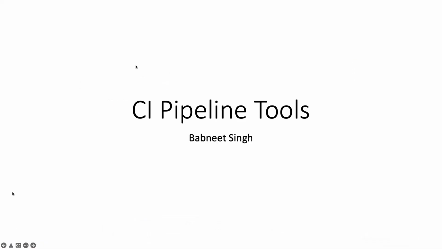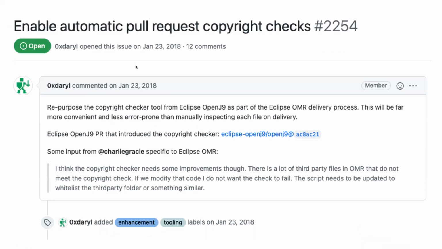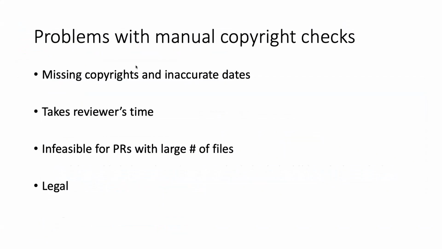Okay. Yeah. So the first tool will be the automated copyright check. There is an issue open for this since 2018, but there was a huge pause since 2019 and no progress was made, probably because the requirements for this tool were never agreed upon.